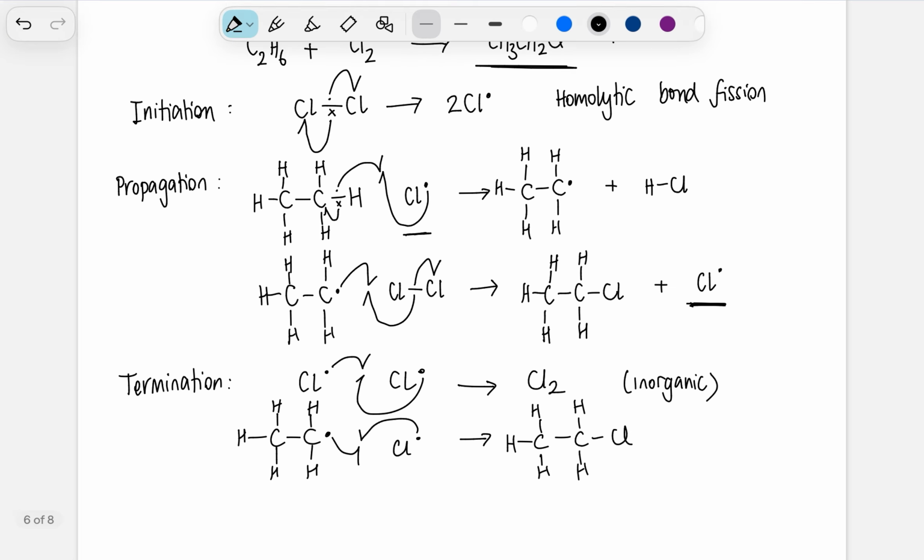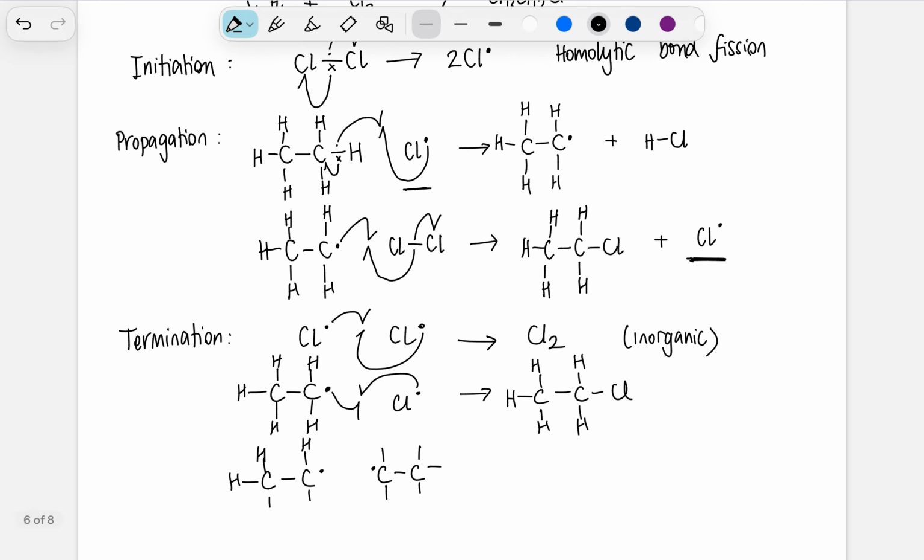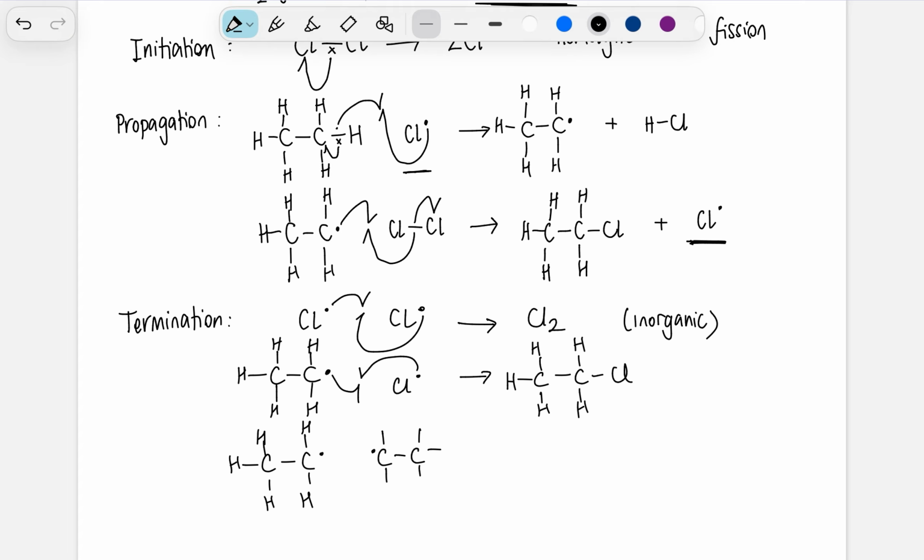Or you can have two of these reacting together to form a larger alkane. So this would form butane.